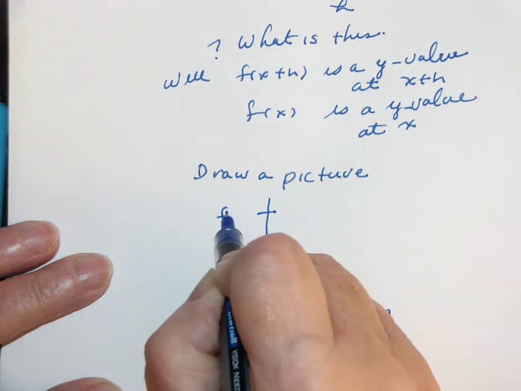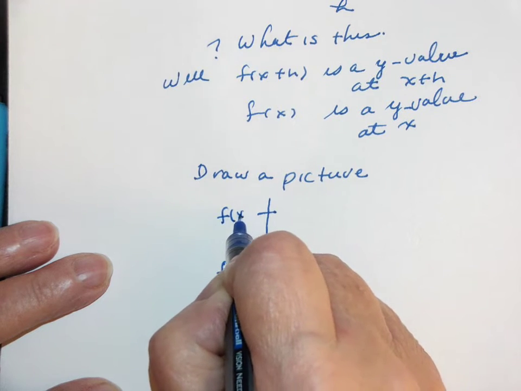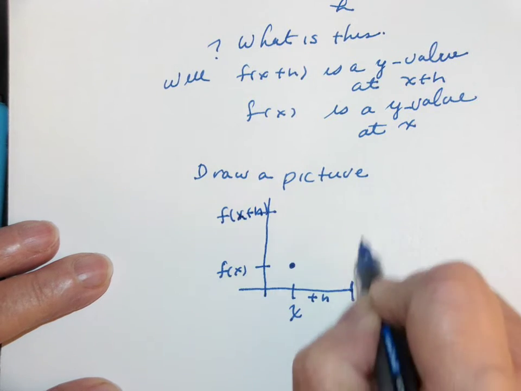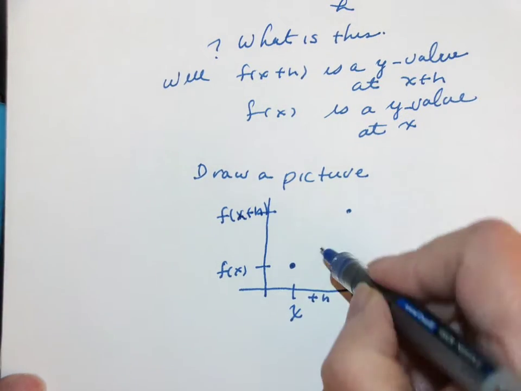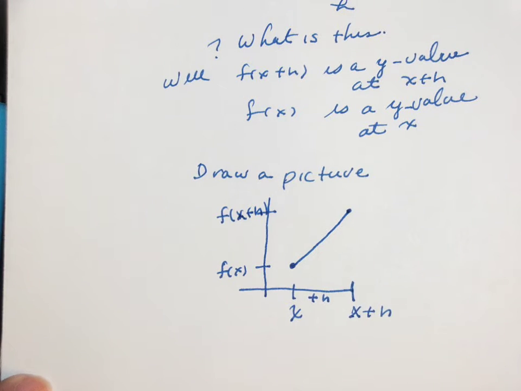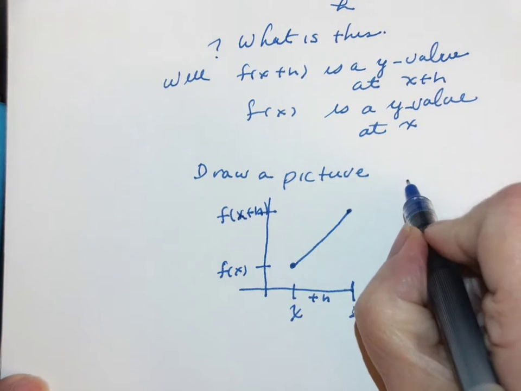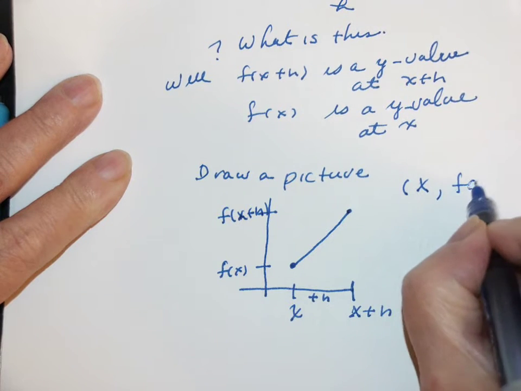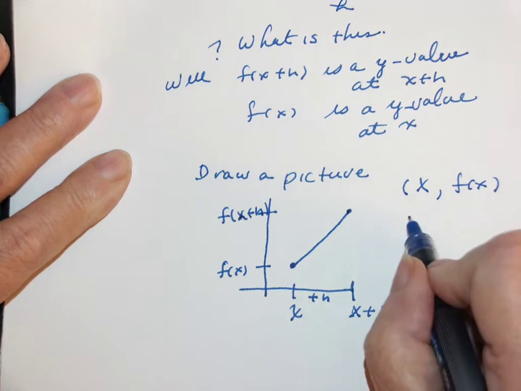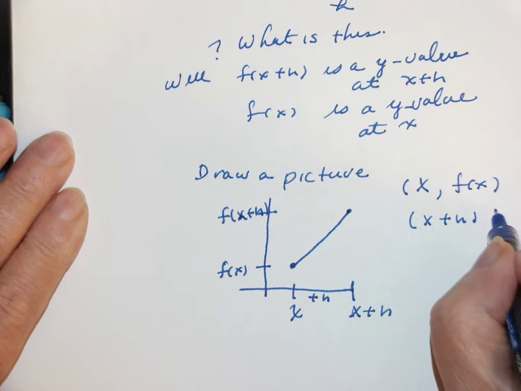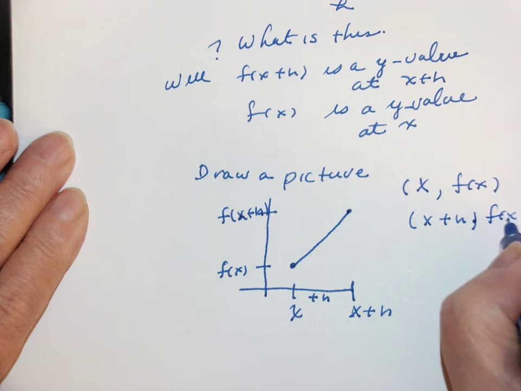This would be the y value. You can connect it with a line. So now we have two coordinate points: x, f of x, and x plus h, f of x plus h.